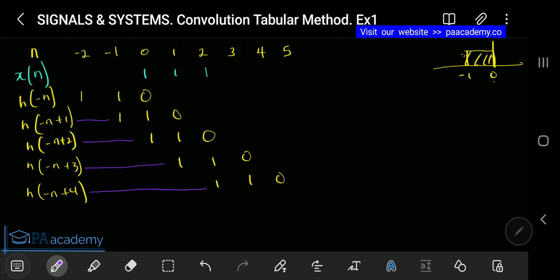All right. So now what we want to do is start from this h of minus n plus 1, or let's just pick it from h of minus n. At this h of minus n, what we want to look out for is what we call overlap.